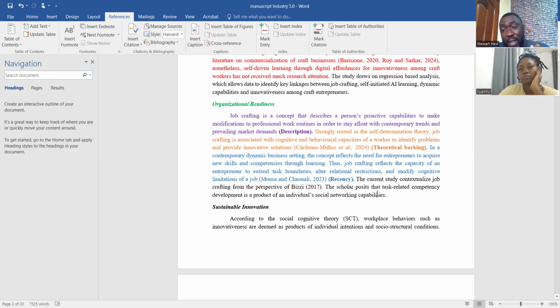Then we also do what? We paraphrase the same to reflect our understanding of the concept. So that is, I think, the fourth and final writing on this particular subject of independent variable. Do we get it?